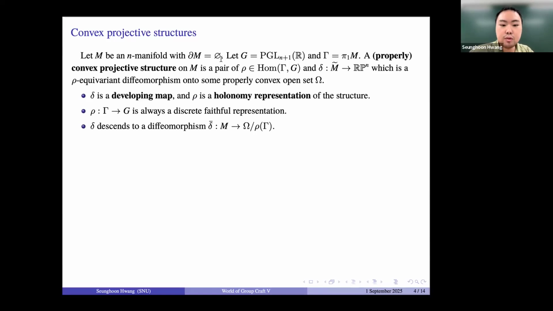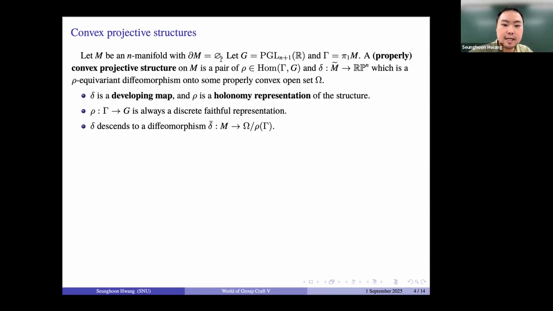And this rho is always discrete and faithful because we have a condition that delta is a diffeomorphism, and the image of delta is a properly convex open subset.